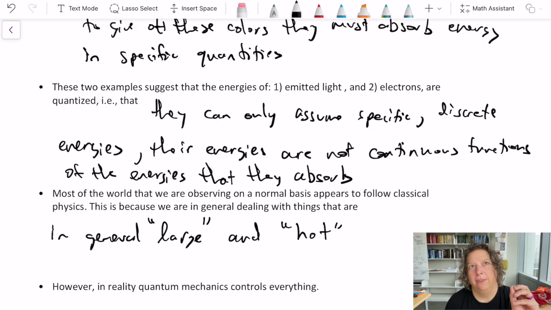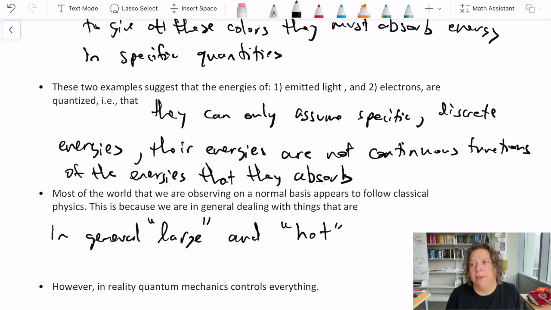Hence, if you have a sample of hydrogen molecules above 77 Kelvin, you can treat them maybe as classical particles. Whereas if you have a sample below 77 Kelvin, maybe you have to treat them as quantum particles. So in general, we are dealing with things that are large and hot, which means that the things we deal with have lots of energy levels.